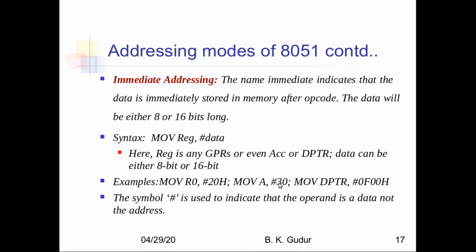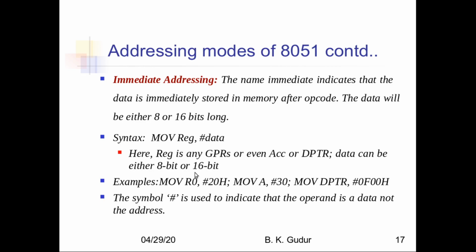So look at this. This 30 indicates a decimal number. Here 20h indicates a hexadecimal number. Here even 0F00h indicates a hexadecimal number. So we can move either a decimal number, a hexadecimal number, or even a binary number. If we want to move some binary number, we can write MOV A, #100111001, and at the end we write B, where B stands for binary data.